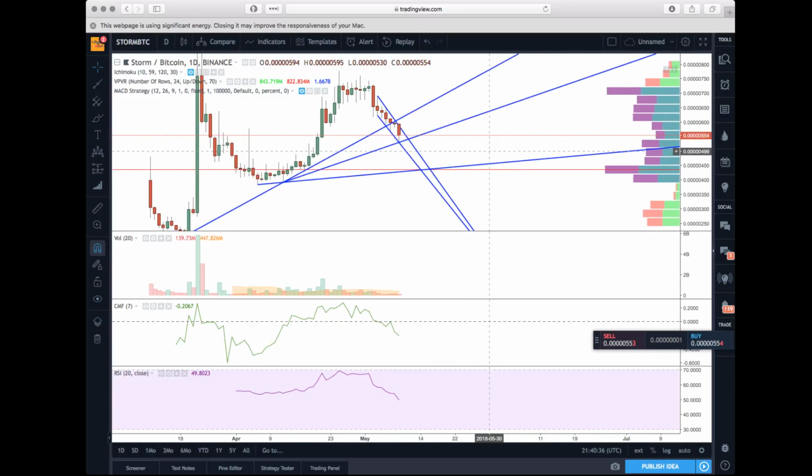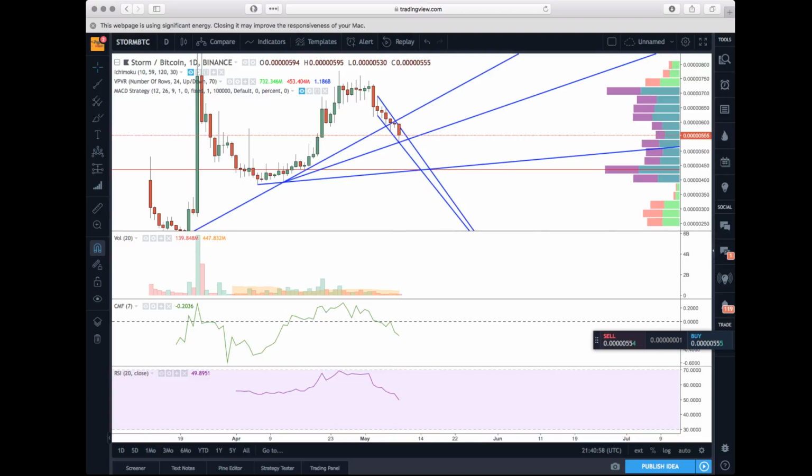But there's nothing telling me that is actually going to happen, other than the fact that this area was support and resistance in the past. Well, at least resistance. Resistance there and resistance there. And now it has potentially become a support.